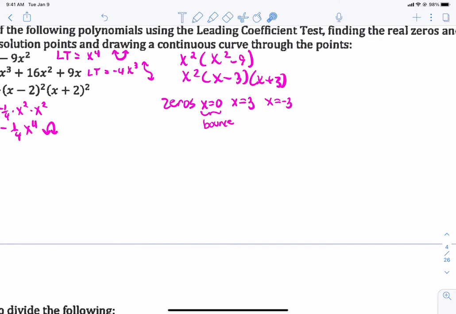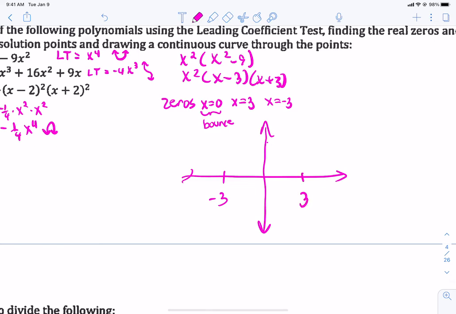So put them on the x-axis in number line order. First, just plot those out. We know the left end's going to go up, the right end's going to go up. We know we're going to slice through negative 3.